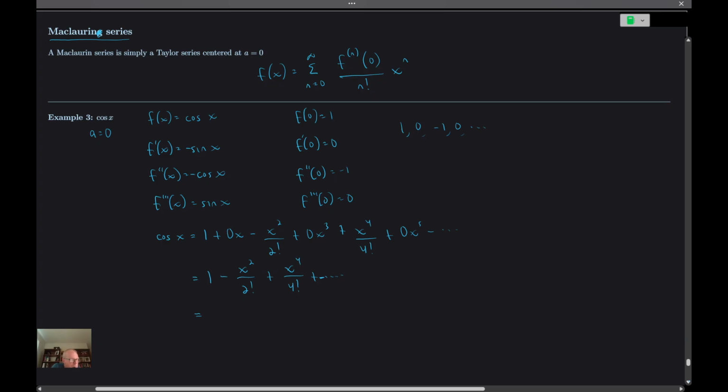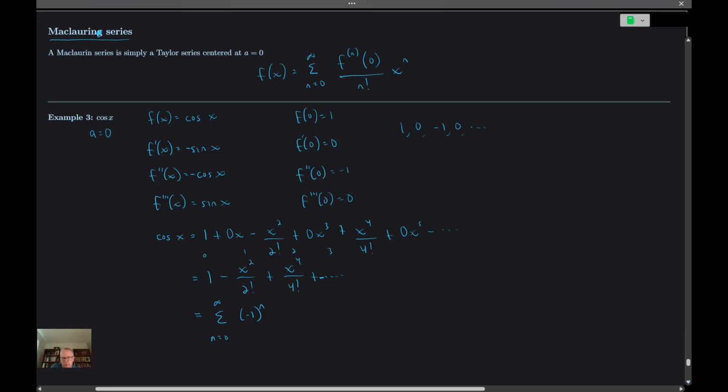Okay, so now what do we have when we write this as an infinite sum? So n equals 0 to infinity. And so we know we're going to have a negative 1 to the n, or n plus 1. So the first term is positive, so it's going to be negative 1 to the n. Now we have the 0 term, the first term, the second term, the third term, and so on. So notice that the first term has an exponent of 2. The second term has an exponent of 4.